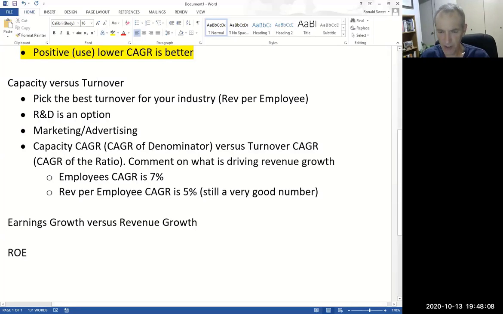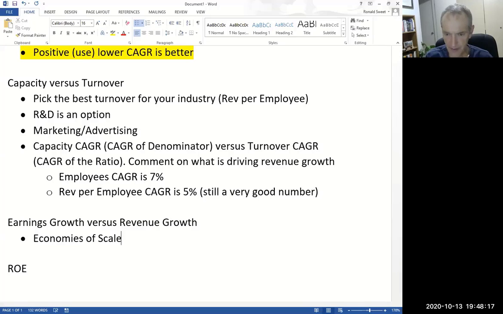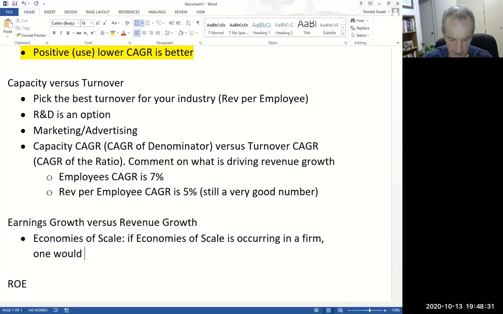And then this next one is on their margin. And all I'm looking for here is really simple. You want to talk about economies of scale. What you want to say is, if economies of scale are occurring in a firm, one would expect earnings to grow faster than revenue.